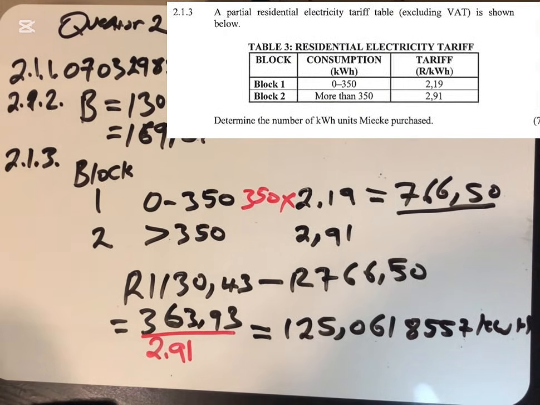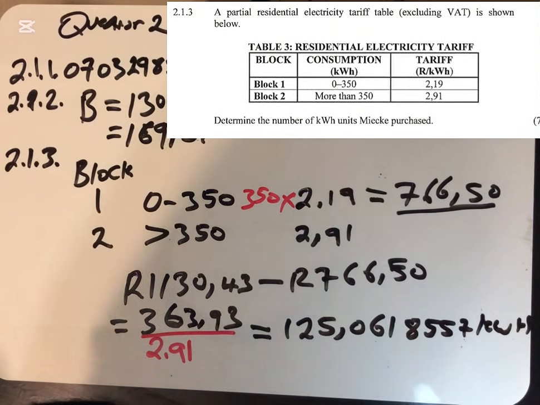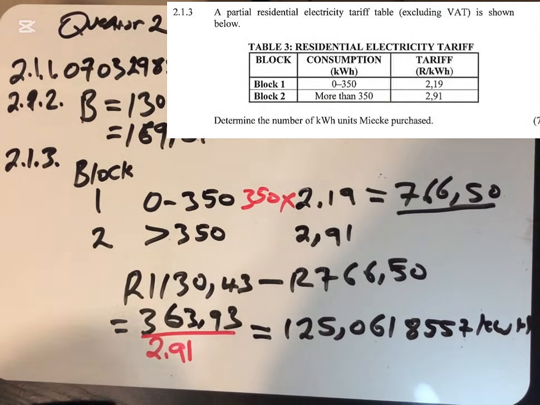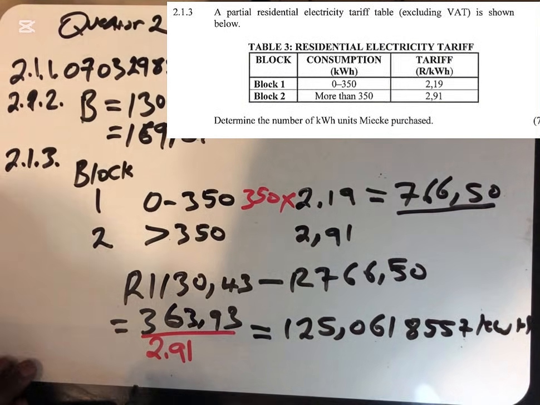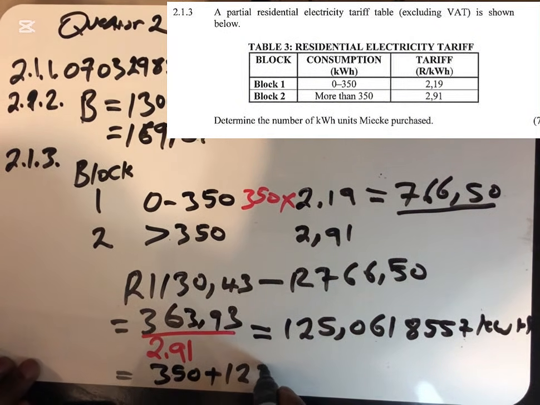So now we have to calculate the total units that they've bought with this amount of 1,130. The final amount is equal to block number 1, which we said is 350, plus block number 2, which we said is 125.06.